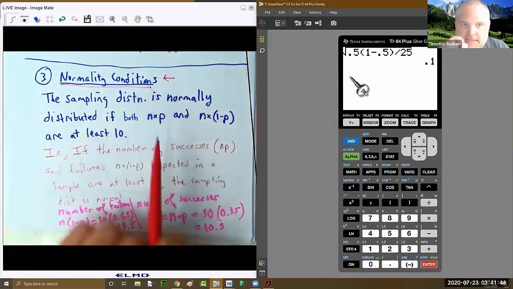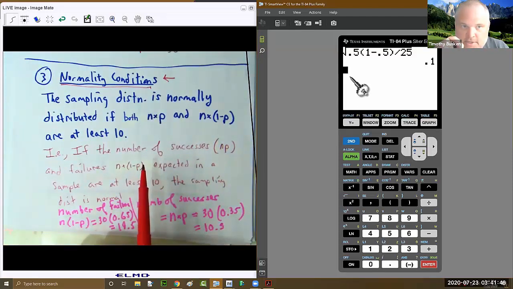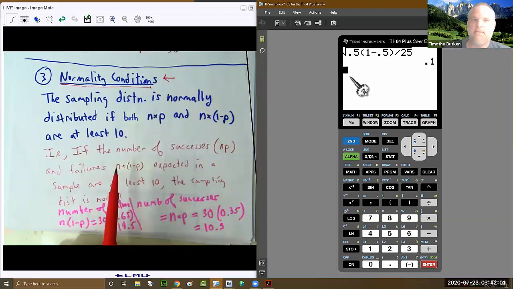But anyway, going on with your normality conditions. We're talking about the sampling distribution of sample percentages, sampling distribution of p hat, the entire collection of p hat. And whenever you go out and try to approximate that sampling distribution, you're conducting a binomial experiment.